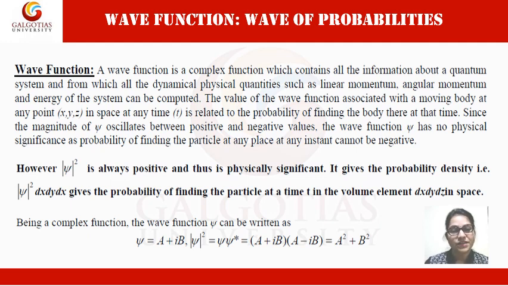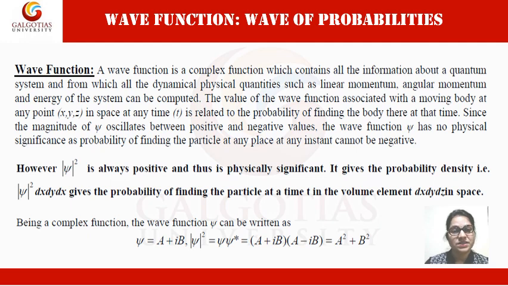Being a complex function, the wave function psi can be written as psi equals a plus ib. So what is the complex conjugate of psi? a minus ib. When we find mod psi square, that equals psi times psi star, which is a plus ib times a minus ib. Computing this, we get a square plus b square, which is a positive quantity.